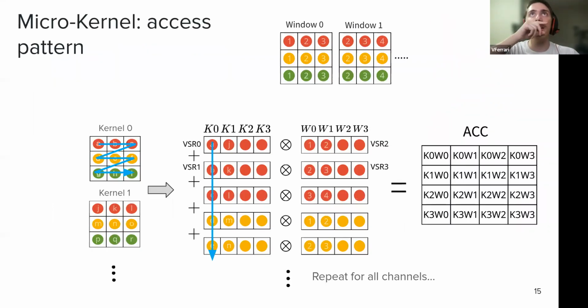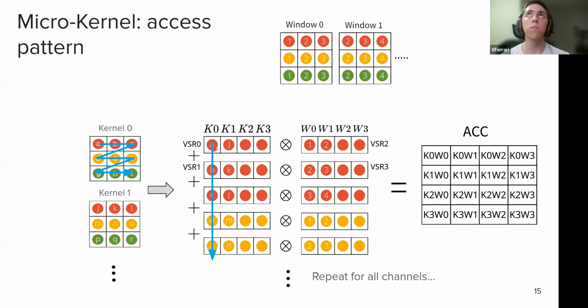So how do you calculate a convolution using outer products? The way that we do that is by vectorizing it. If you recall, I said at the beginning that each convolution output element is the result of computing with one filter and one window. And outer products are very great operations because they are very dense. You start with 2n elements.